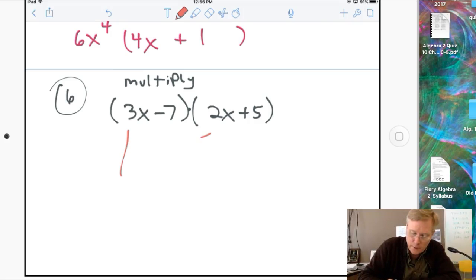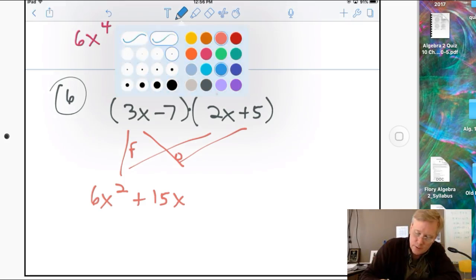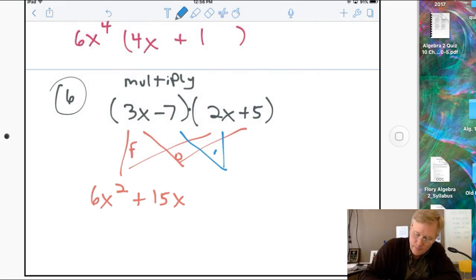If I did it by FOIL, I would go 3x times 2x is 6x squared. Outside is 3x times 5 is 15x. Inside is the negative 7 and the 2x, which is negative 14x.